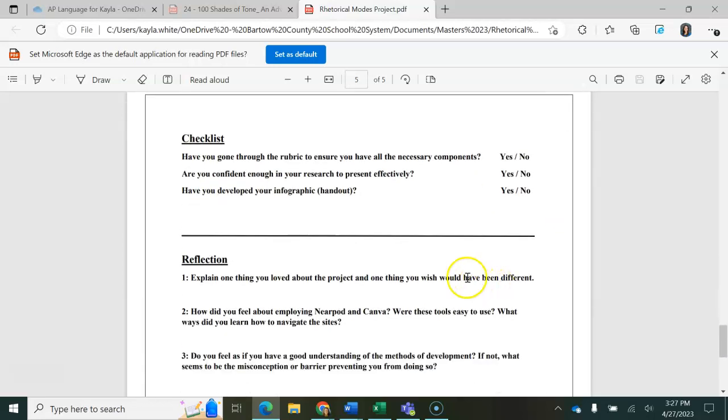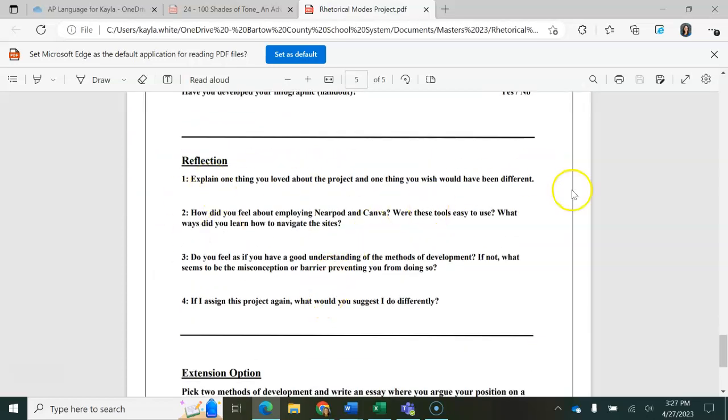And then when I assign this, I cut these out into slips and had them use them for a checklist and then reflect on the process of the project, presenting the project rather, because I found it interesting that a lot of students found that by reteaching the concept, it made it easier and more attainable to understand. So that was really neat.